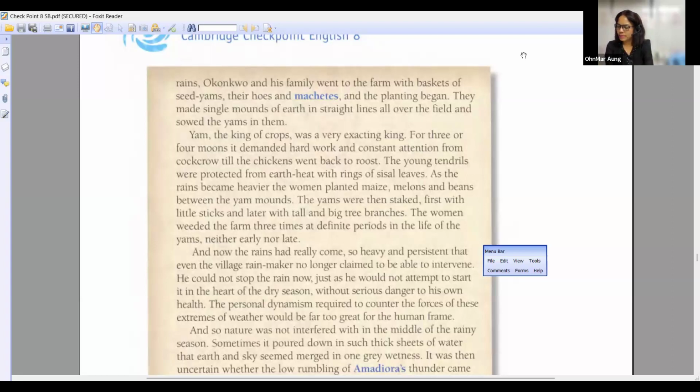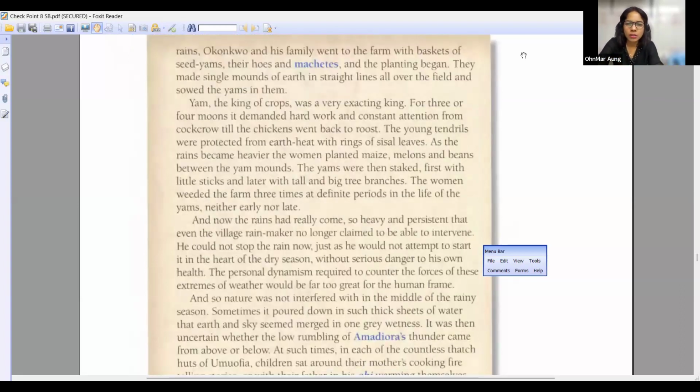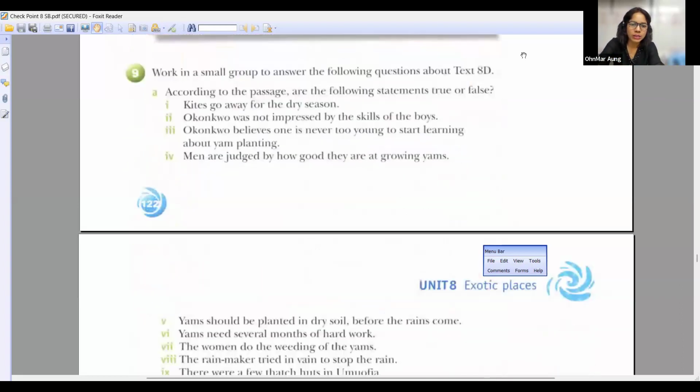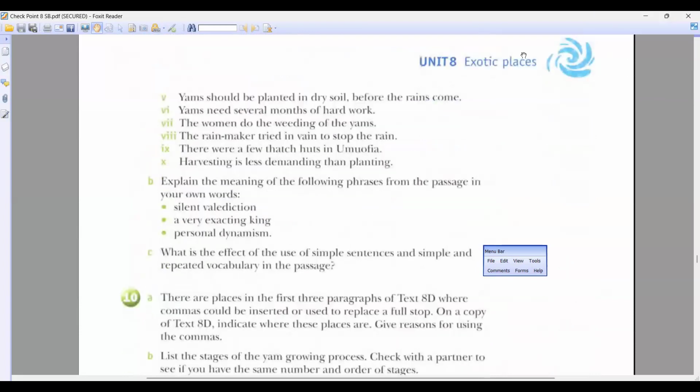So it means, please write down noiseless farewell. By the way, do you know farewell? Do you know the meaning of silent validation? So silent means noiseless.